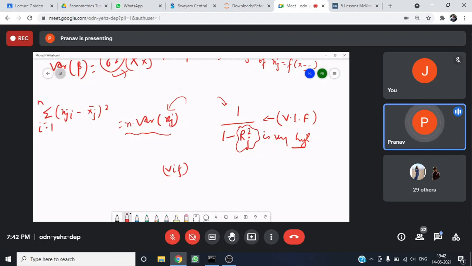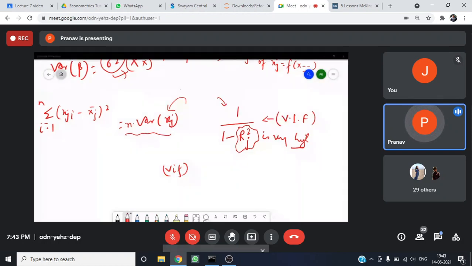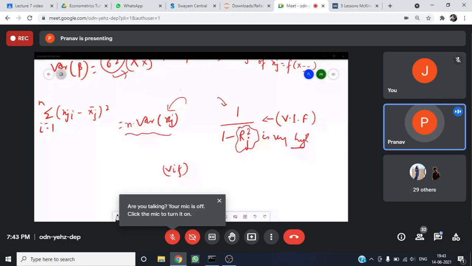But as far as this variance inflation factor as a method of detection of the presence of multicollinearity is concerned, it is based on this R square. It is based on this coefficient of determination of the explanatory variable against all other explanatory variables in the model. और अगर sufficiently high R square है, it means that R square क्या बताता है आपको? It tells you the ratio of ESS upon TSS. इस केस में मेरा dependent variable is xj.